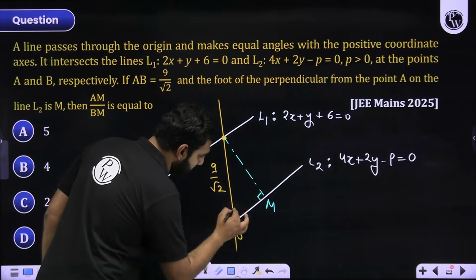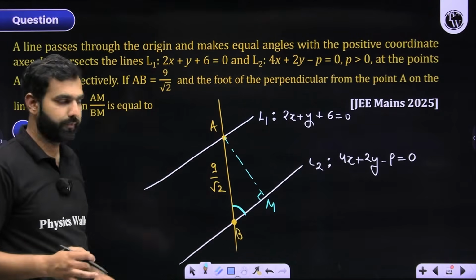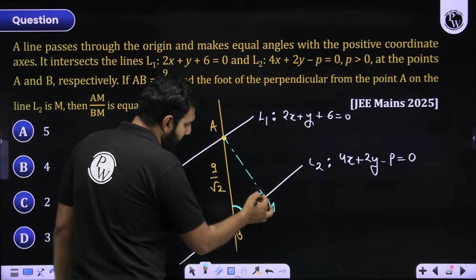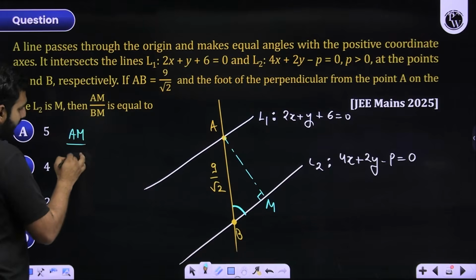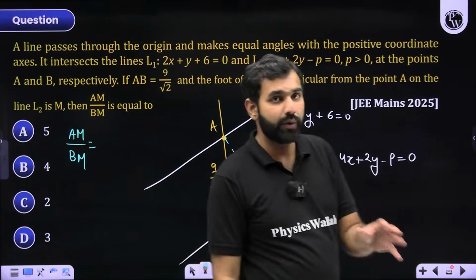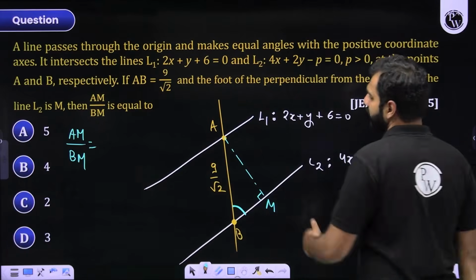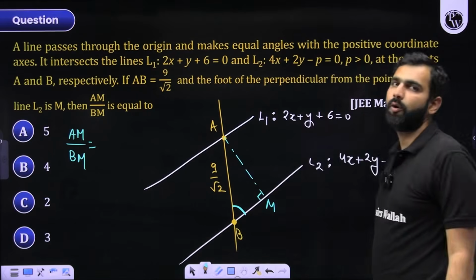Now, let's say I somehow figure out this angle. How? I don't know. But what am I asked? AM upon BM. Do you not think that when somebody asks you the value of AM upon BM, forget all what you have studied so far, just go into the 10th standard, and do you not think that this is simply a question on perpendicular upon base, AM upon BM?